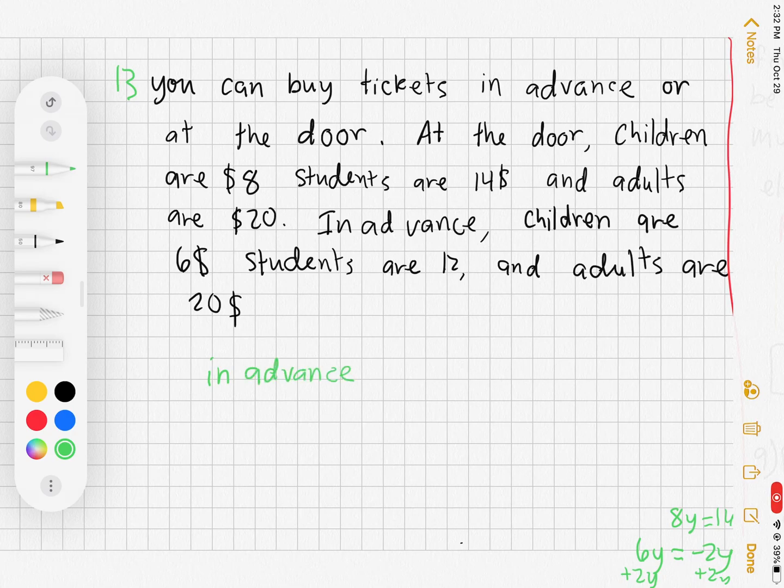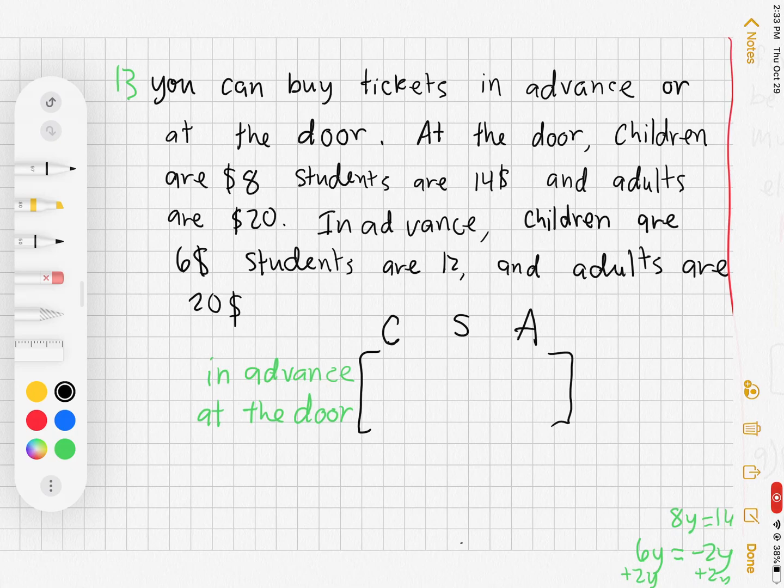We also have the at the door row. Let's read on. At the door, children are $8, students are $14, and adults are $20. Well, we have 3 different categories. That could be 3 different columns. I'm going to put C for children, S for students, and A for adults.